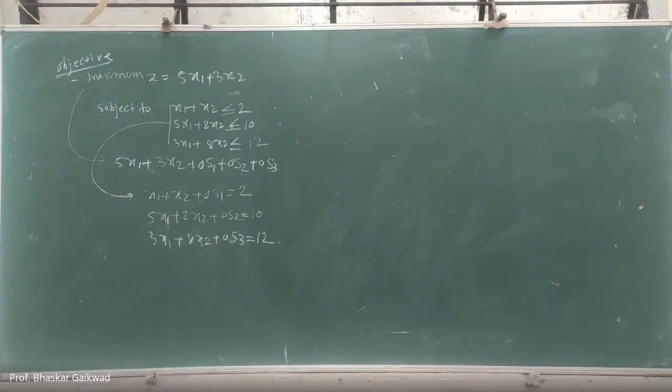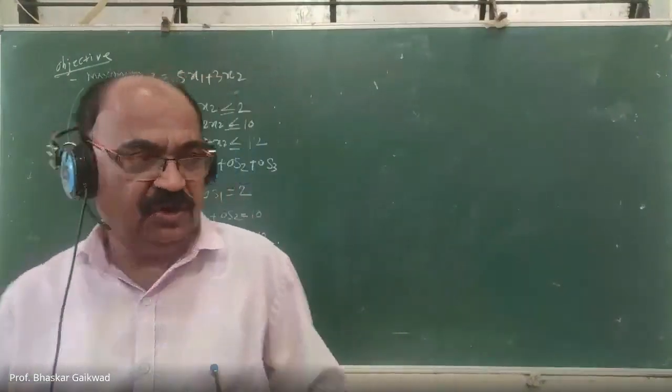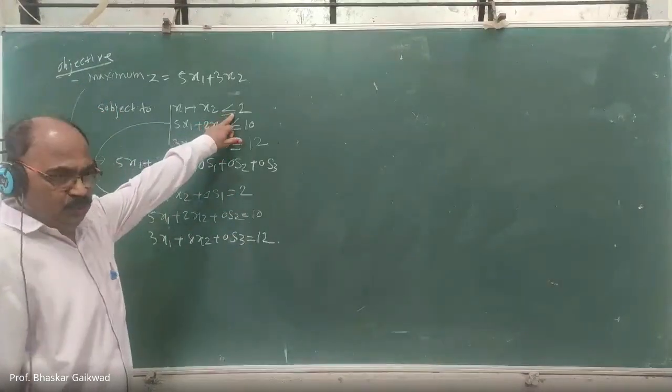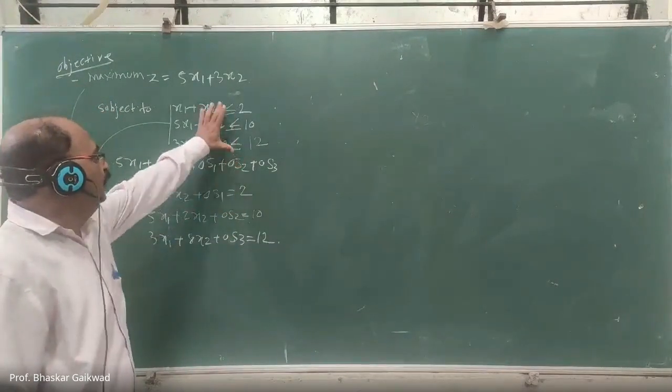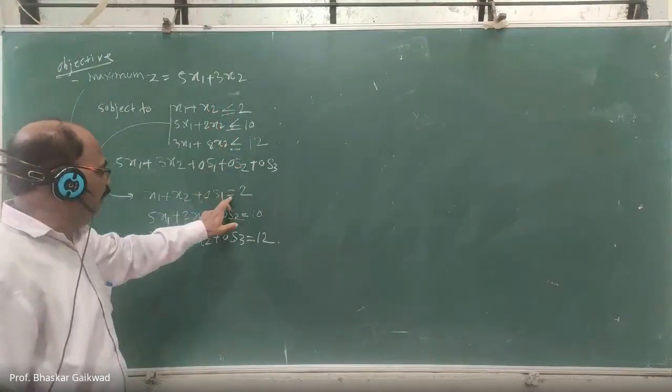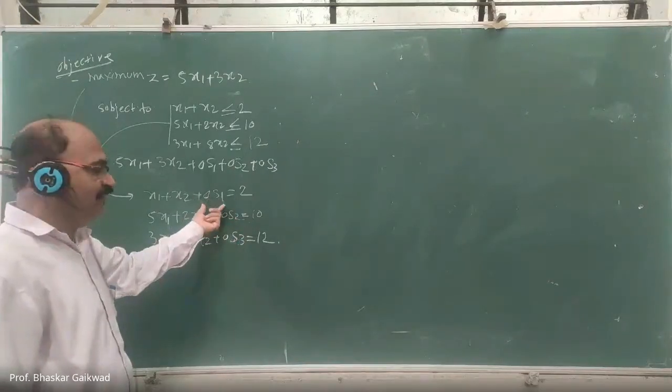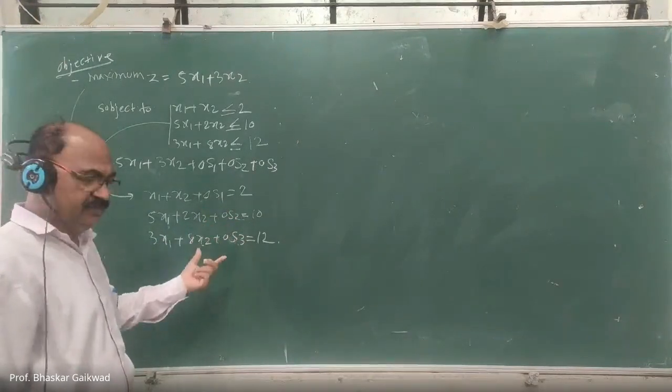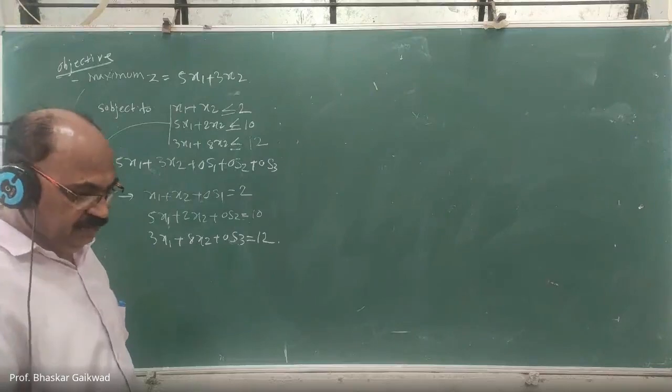And why are we adding these? To convert inequality. What is the inequality here? Here it is less than or equal to 2, so we have to convert it to equality by adding this surplus variable. Correct? Up to here it is clear?